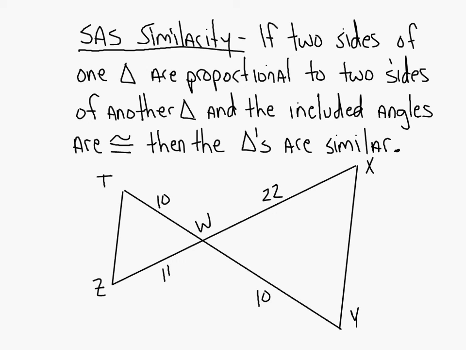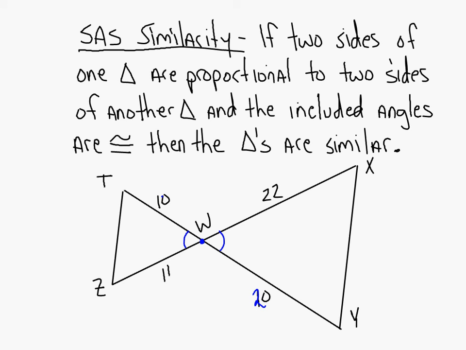Okay, so again, you have two triangles that are sharing a vertex, and if they're sharing a vertex, this creates vertical angles, doesn't it? So this angle is going to be congruent to this angle. Now, proportional sides: if two sides of one triangle are proportional to two sides of another triangle, you can take the 10 and put it over the 20. Oh, that's supposed to be a 20, sorry.